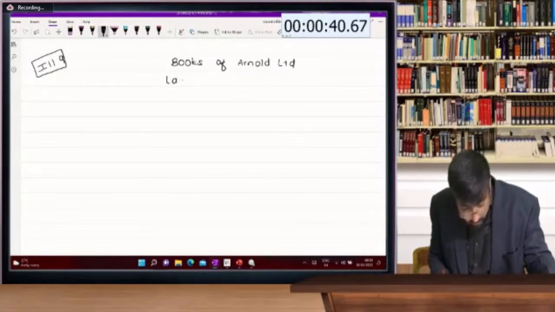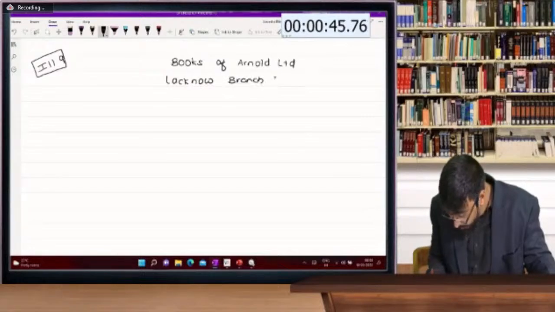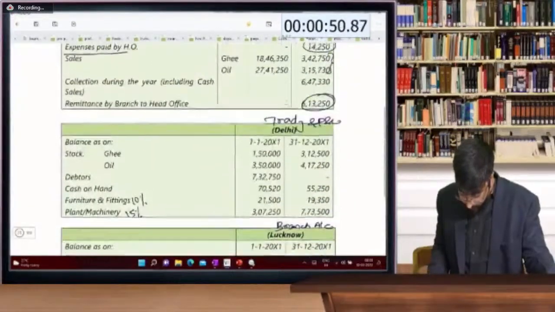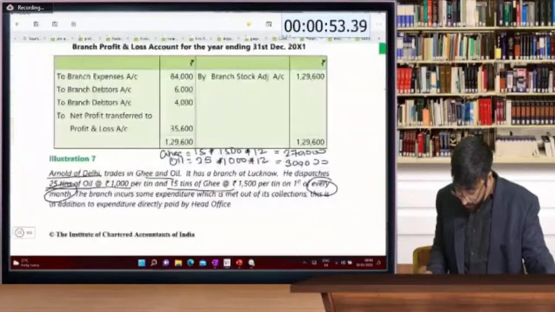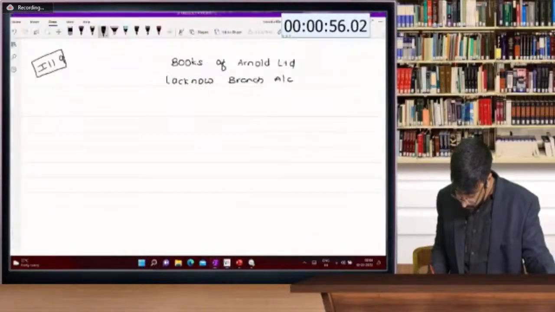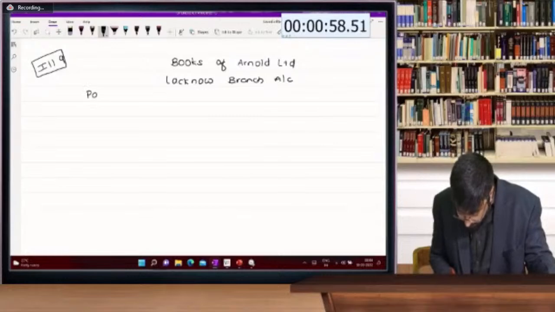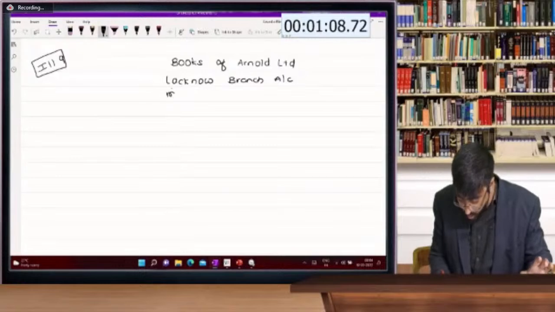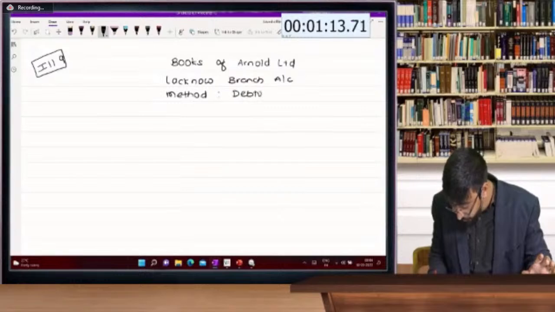Yes, beta. Lucknow branch. Debtors method, na? Yes, Pradeep ji, we will solve that method also, problem also. Debtors method.